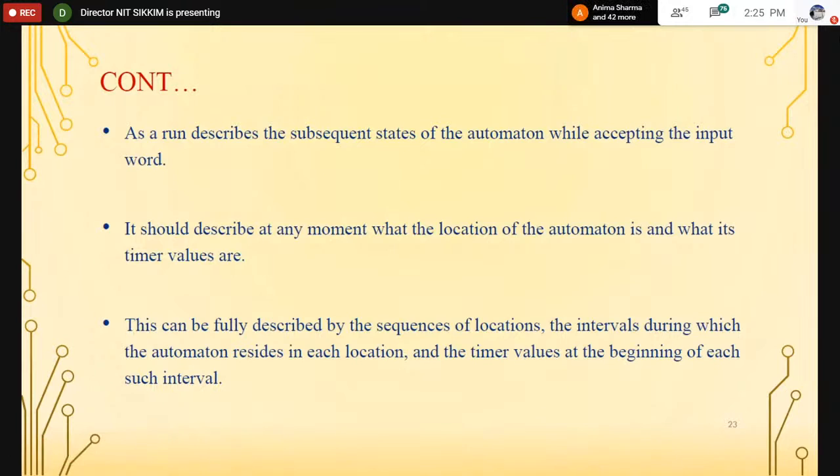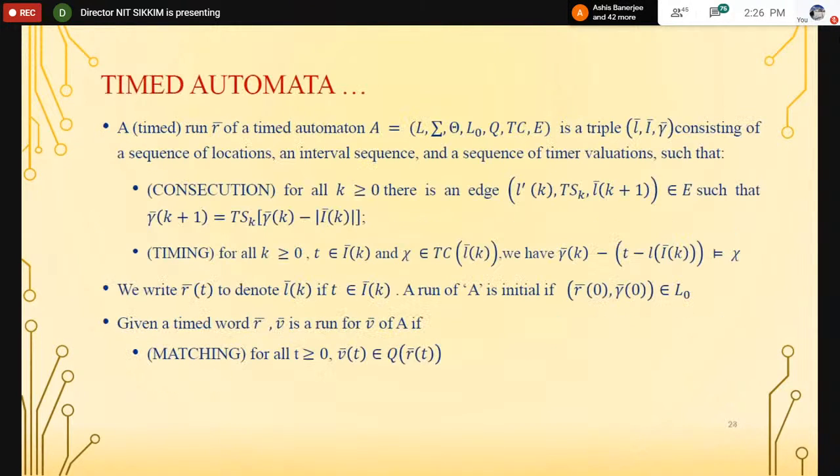Timing constraints, depending upon the application, have to be part of your model or your transition diagram or your automaton. This is a definition of how your run can go. It tells you how it can go from one state to another and what will happen, how you are going to modify your timing requirements. So it's more mathematical, so leave it here.